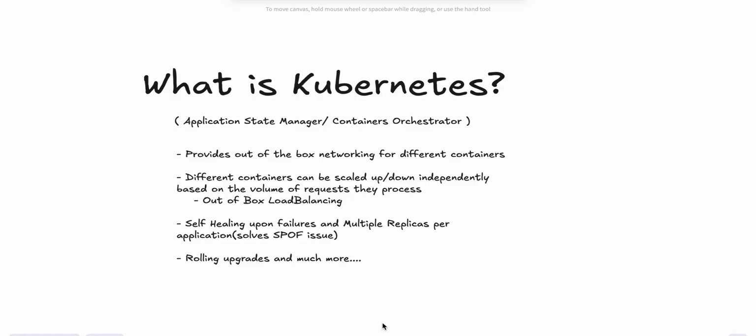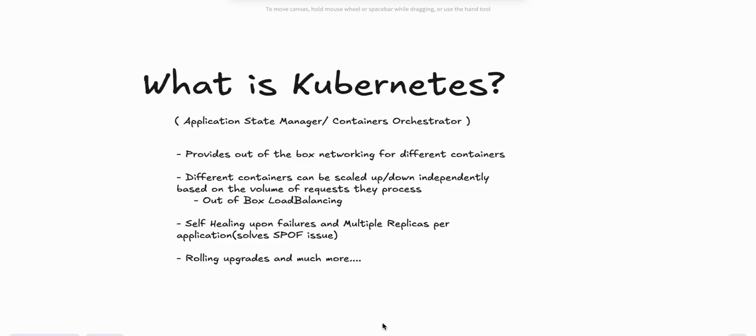Kubernetes provides the ability to scale the containers independently of each other, and provides load balancers to route the requests to different replicas to distribute the traffic evenly among those replicas. Also, having multiple replicas per container would solve the single point of failure issue that we had discussed earlier.